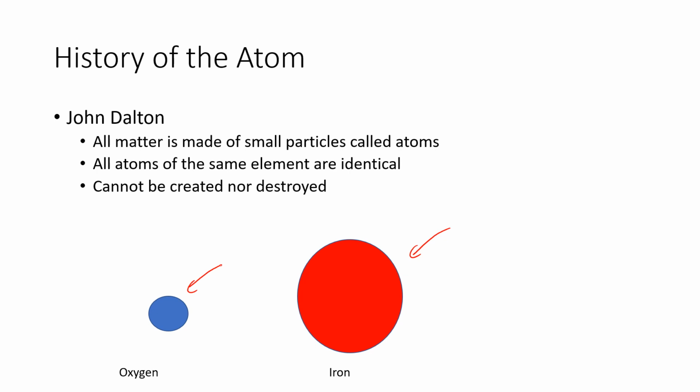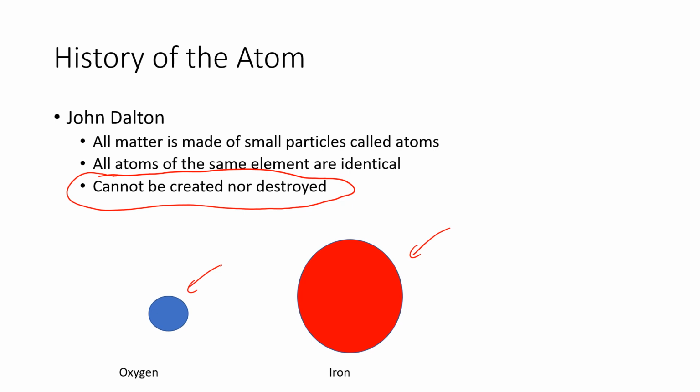And John Dalton also came up with a lot of other things. Like he came up with all of our conservation laws, and you may have heard of these things. The one that we have written here is the conservation law of mass or matter, which says matter cannot be created nor destroyed. He also came up with the conservation law of energy. Energy cannot be created or destroyed.